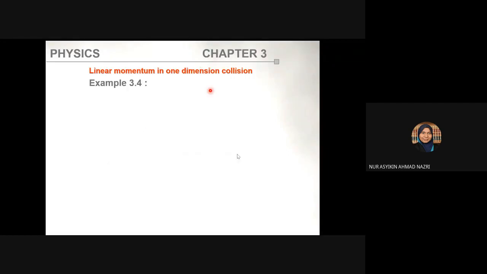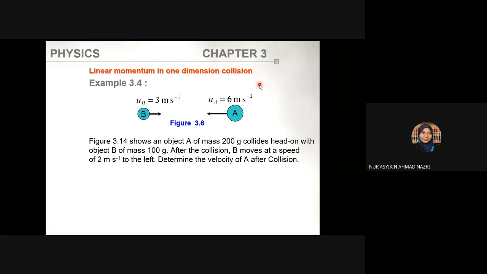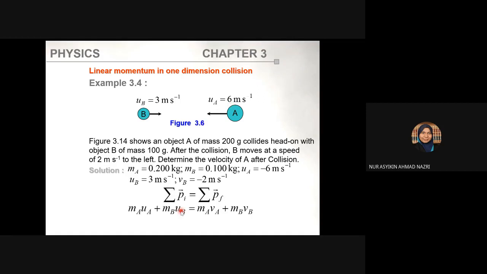Alright, so linear momentum in a one-dimension collision. Let's see the example. Let's say we have two objects of different mass. The collision occurs head on. Head on collides. Alright, so they have different initial velocities.